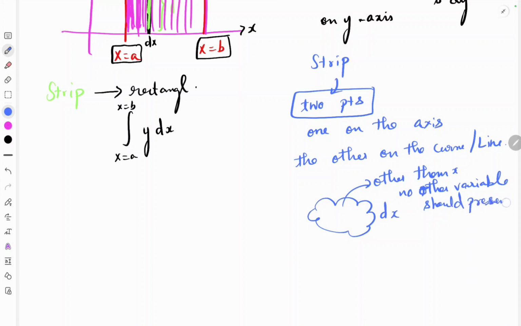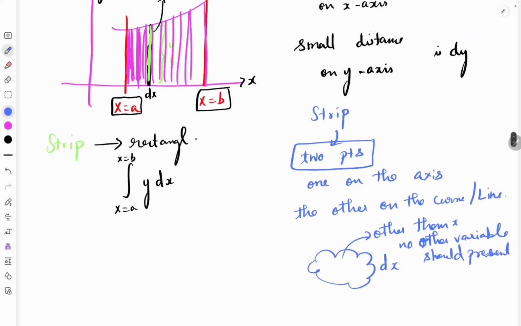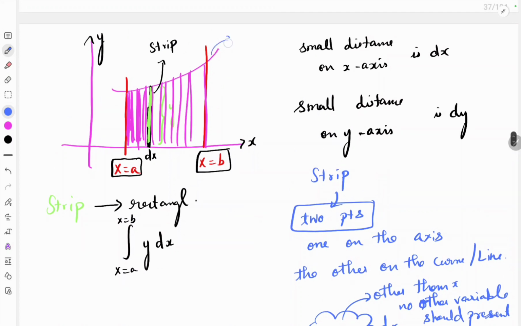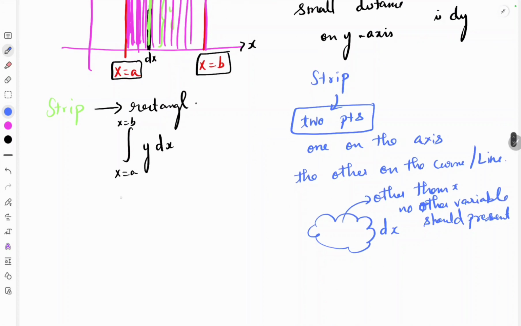And if dy is there, other than y no other variable should be present. So I have to write y in terms of x and substitute here. So the integral from x equal to a to b of f of x dx is the area under the curve.